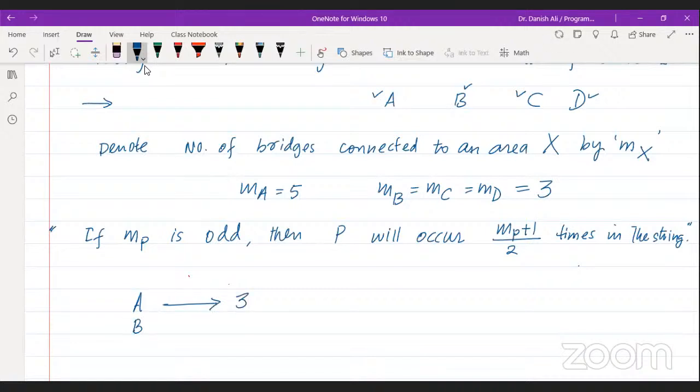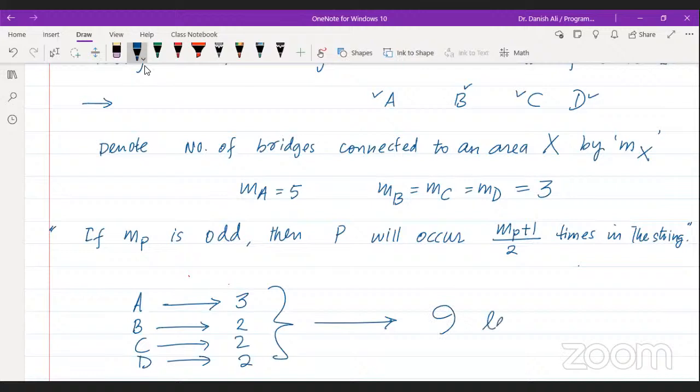How many times will B come in the string? Two times. C also two times, and D also two times. So the string consists of 3 plus 2, 5 plus 2, 7 plus 2, 9 letters.